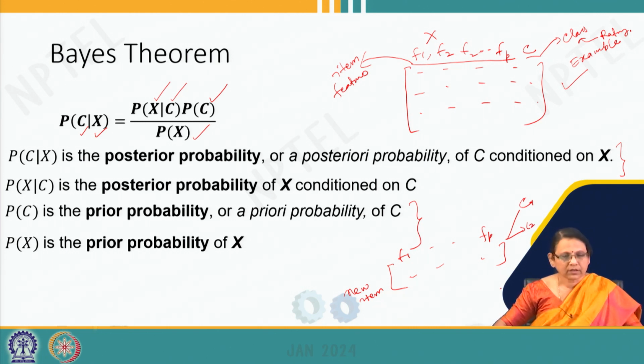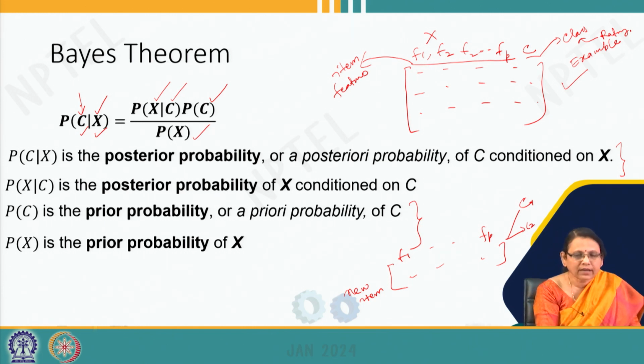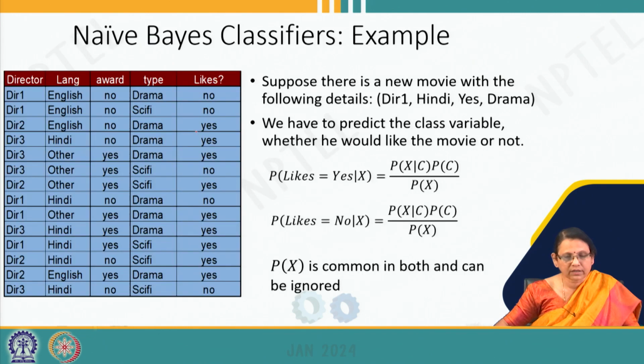So this will be known, and we have to determine this for every available class label. This side must be known: the conditional probability of x given C must be known, the probability of C, the prior probability, must be known, and the prior probability of x must be known. So, let us go ahead.